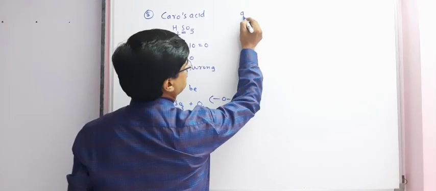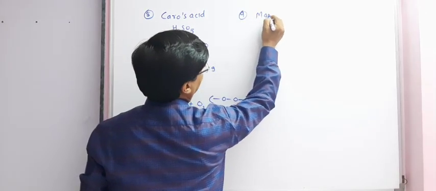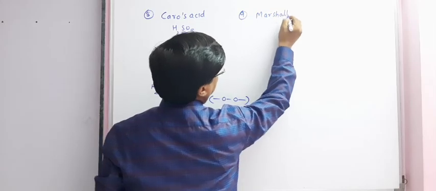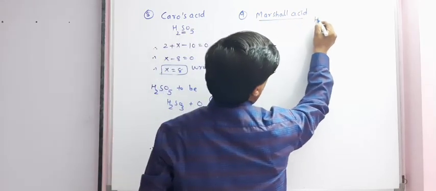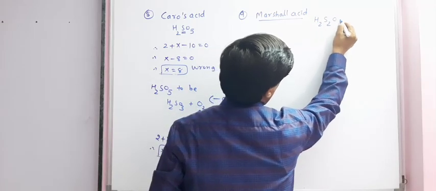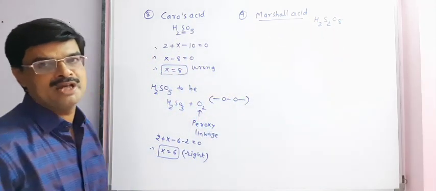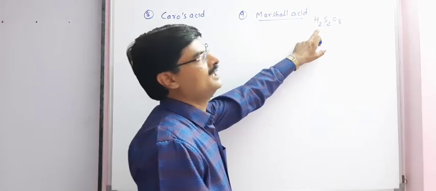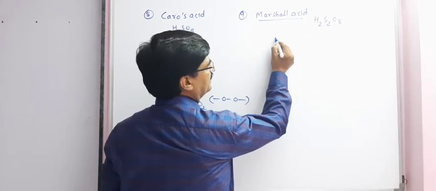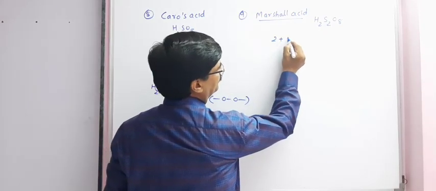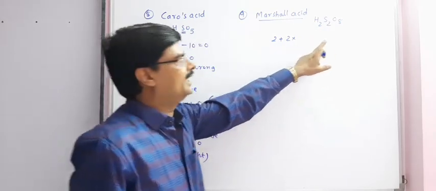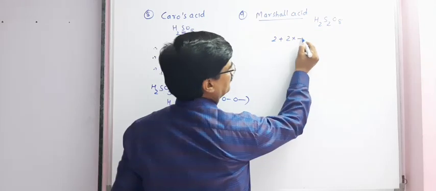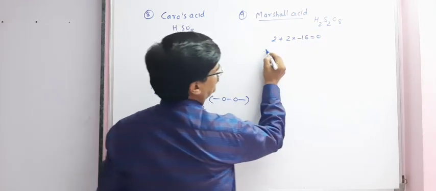Same way, in Marshall's acid, H2S2O8. First we will understand by the formula method. Taking hydrogen to be 2, for sulfur X, so we have 2 sulfur, so 2X, and 8 oxygens at minus 2 are minus 16, equal to 0.